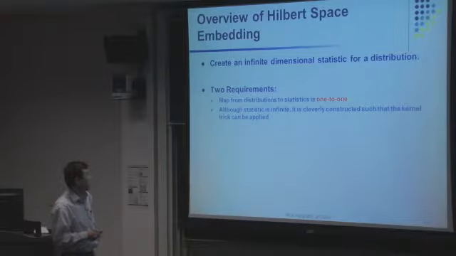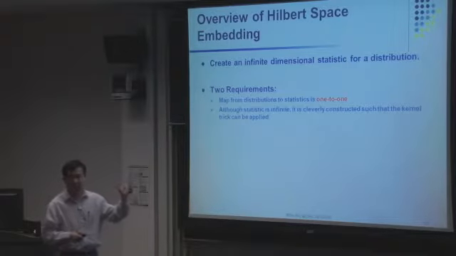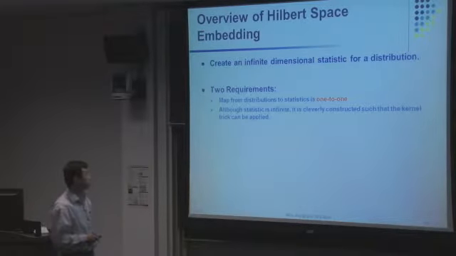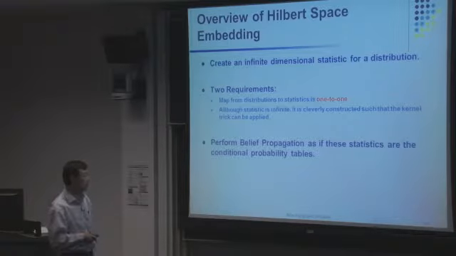And also mapping means that you need to have a one-to-one correspondence between your original entity and the mapped ones. And then, even though the statistic can be infinite, in the transformed space we can probably cleverly construct some kind of kernel trick to make them more tractable.